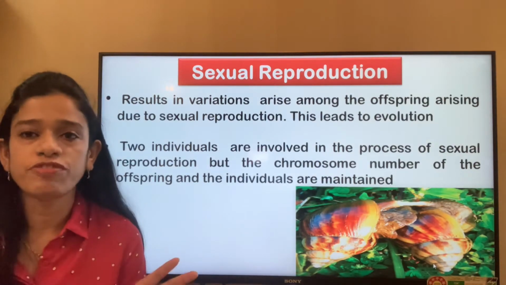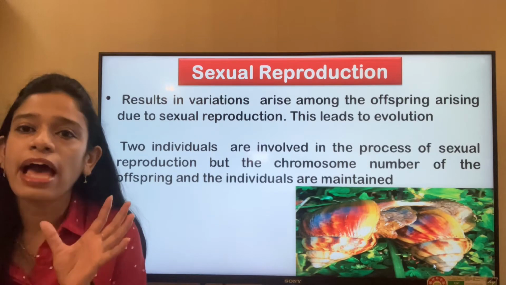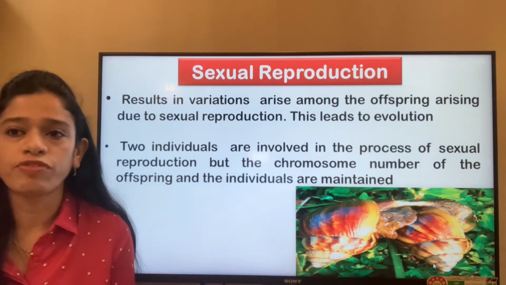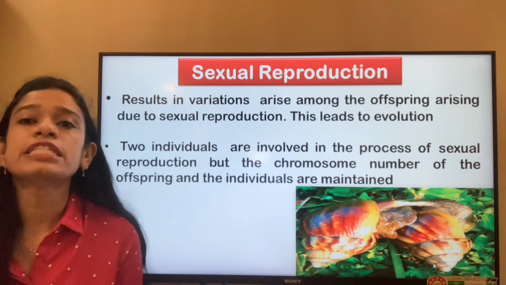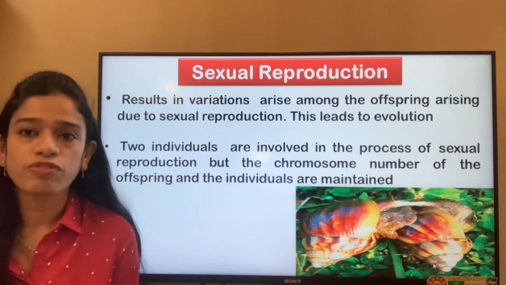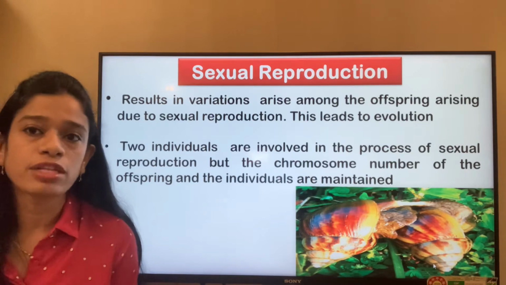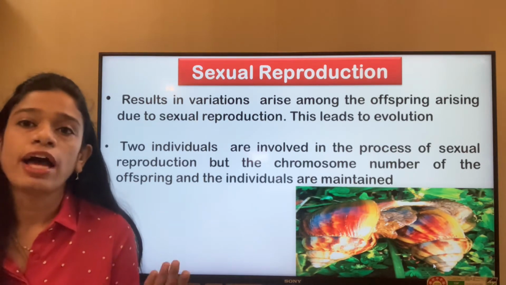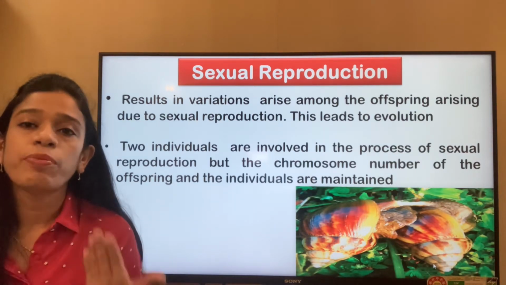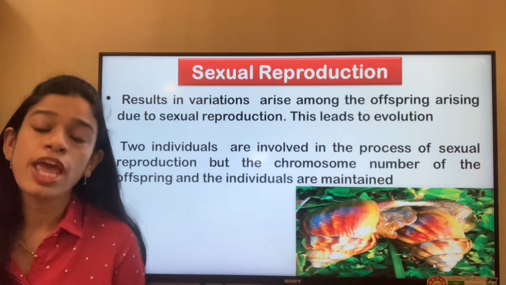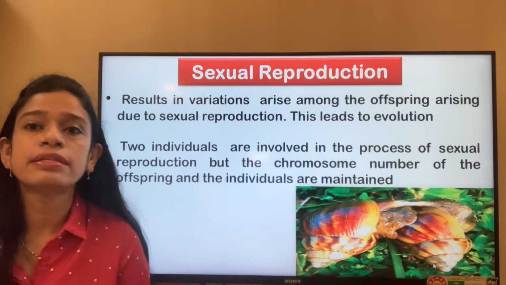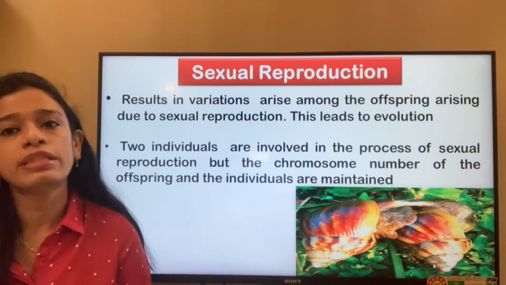It has some variations from both of them, and this is the basis of evolution. If you remember, in my last video I told you that sexual reproduction brings about variation, which is very much necessary for evolution and for life to continue in this world.